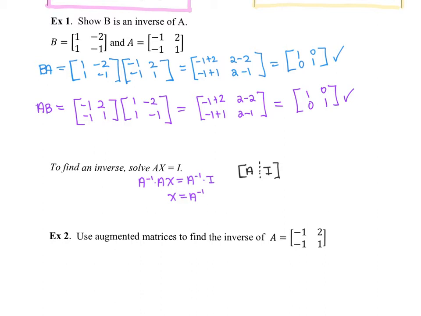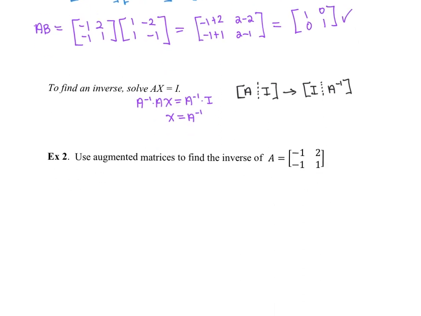I want to rearrange this so that I have the identity on the left. This will give me the inverse on the right. So the idea is we're going to start with this and convert it to this, and then this is going to produce the inverse matrix on the right. Sorry, that was a terrible explanation.